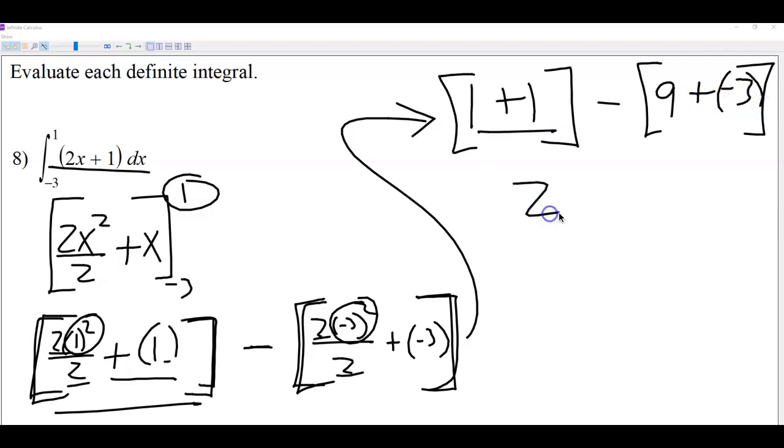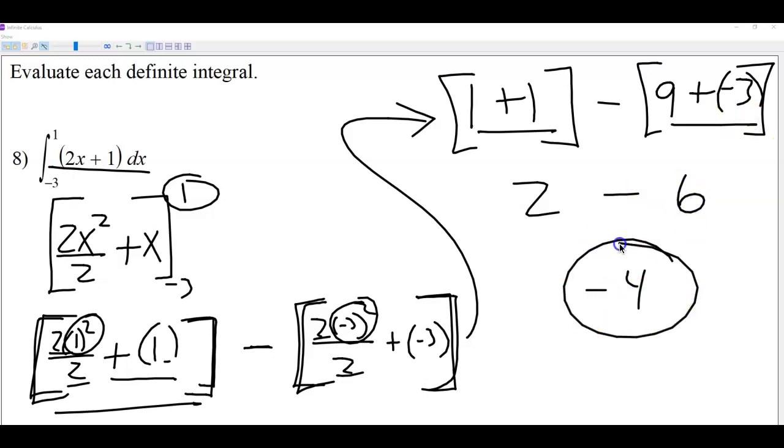All right, these two make 2. These two make 6. 2 minus 6 is -4. Okay? And that's how you do that one. So with definite integrals, you integrate first, and then you plug in your limits, subtract the values, and you're good to go.